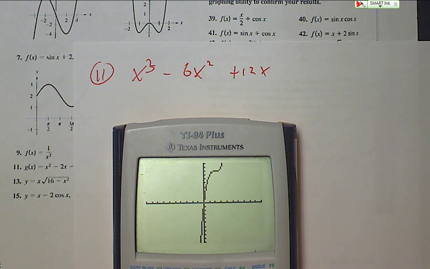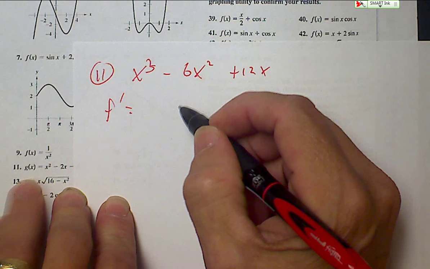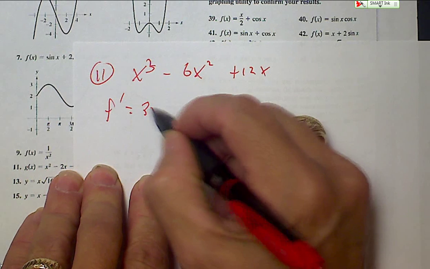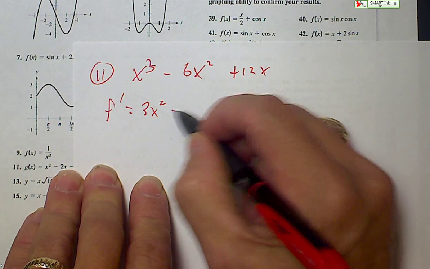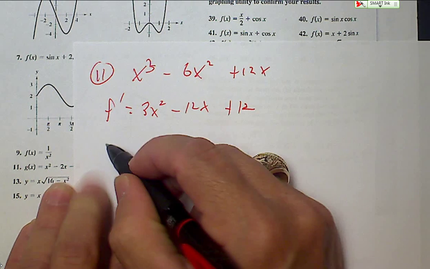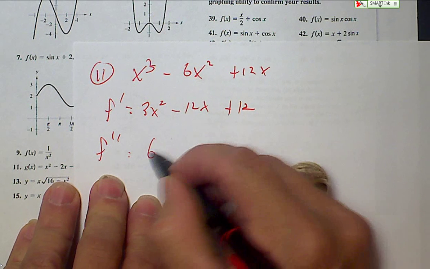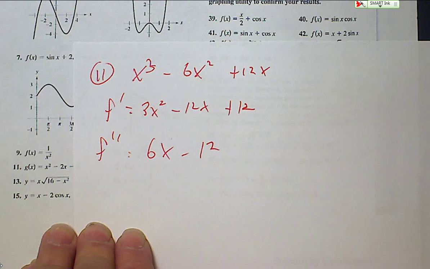So, first derivative, 3x squared minus 12x plus 12. Second derivative, 6x minus 12. Set that equal to 0.